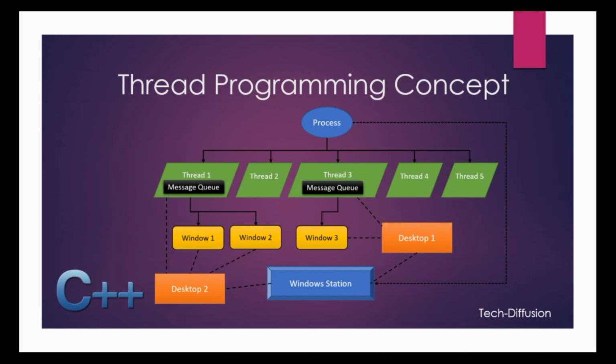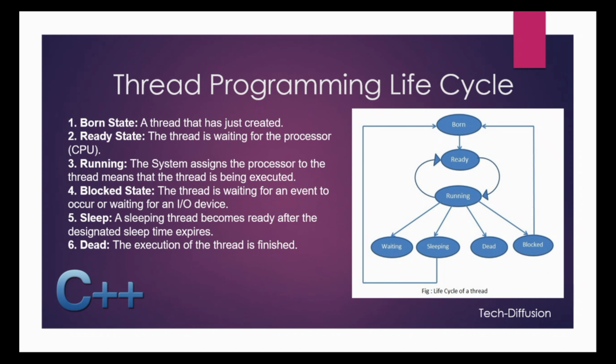Now we come to the next part, which is the thread life cycle. Thread life cycle means what? Once we create a thread, it is born. It is ready once we give it some assignment to do, meaning it is able to take a task.